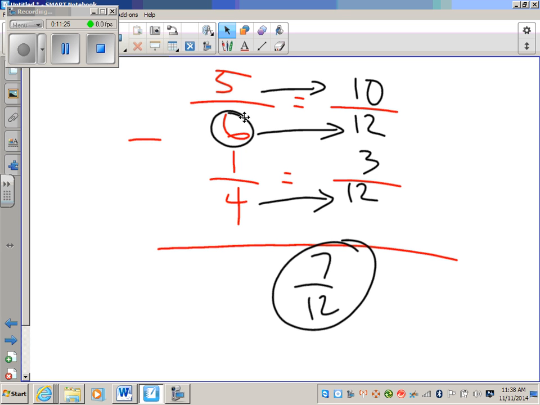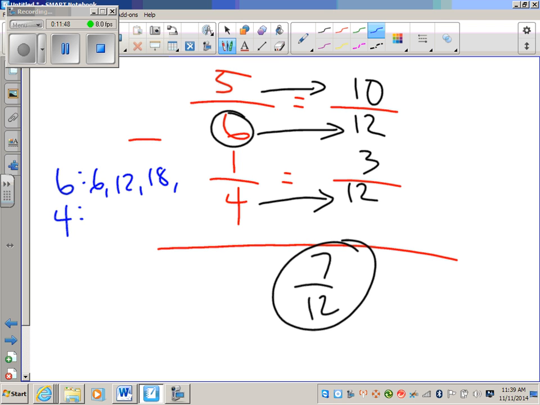Any questions? Yes? So when you have these two denominators, 6 and 4, we're looking for multiples. So count by 6s. Count by 4s.